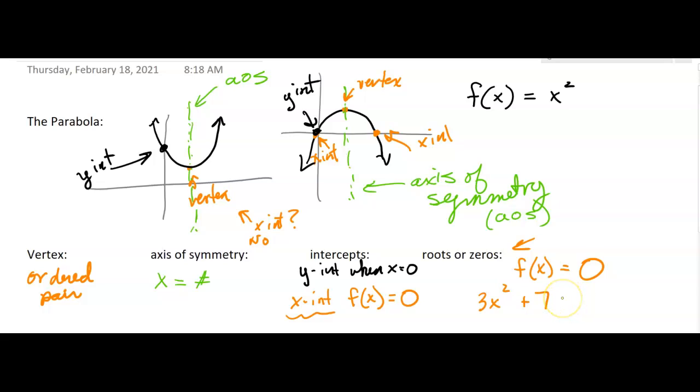If you want to find the roots or the zeros or the x-intercepts, any of those three, you're going to set it equal to 0. Okay? And then you have to solve it. Okay. So that's the terminology. And just remember, sometimes they're going to say roots, sometimes they're going to say zeros, and sometimes they're going to say x-intercepts, but you find all of them the same way. Okay?